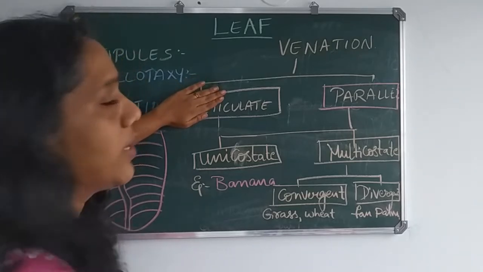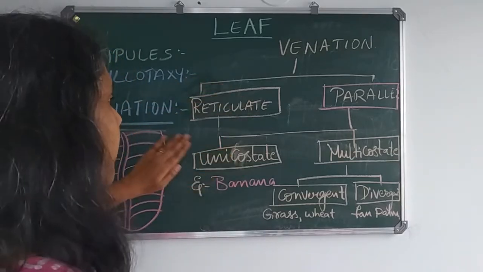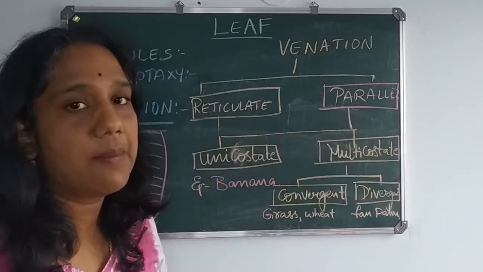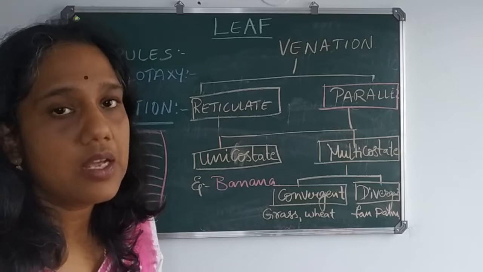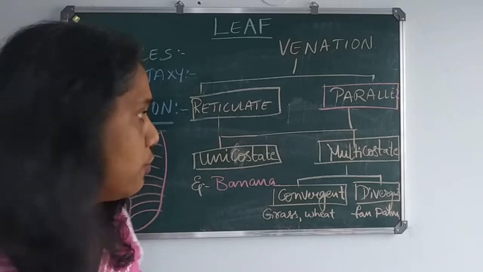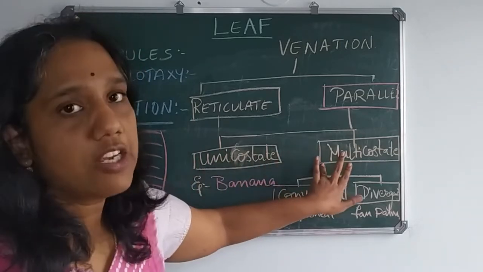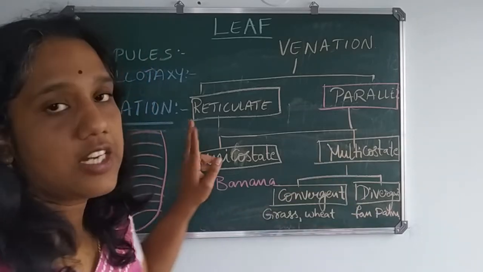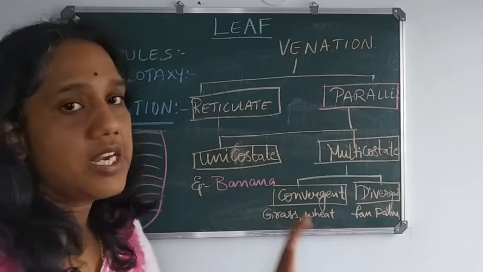Now the reticulate venation is further classified into unicostate and multicostate based on the number of laminas the leaf is broken into. Uni means single, multicostate means more than one. Under multicostate there are two types, convergent and divergent.